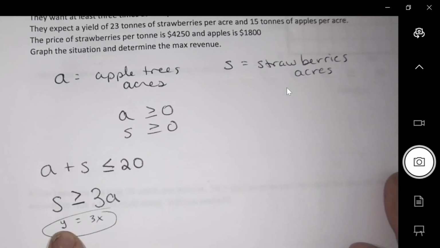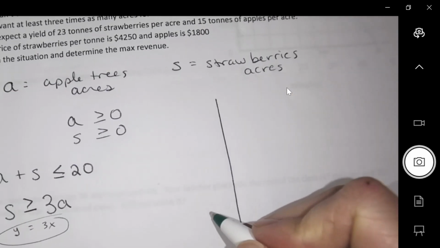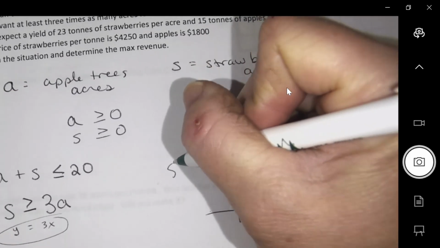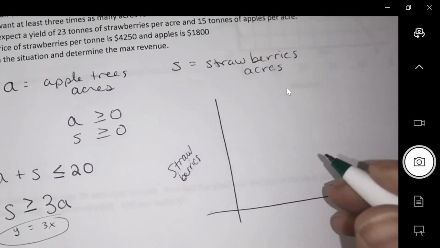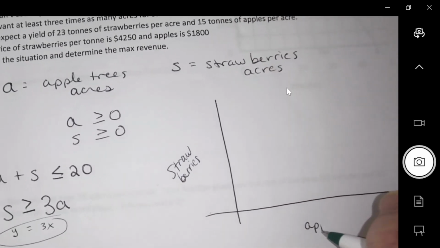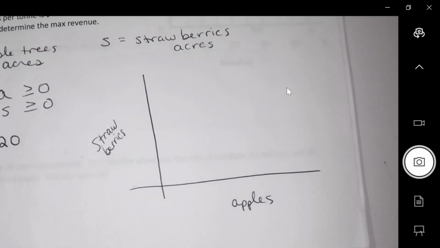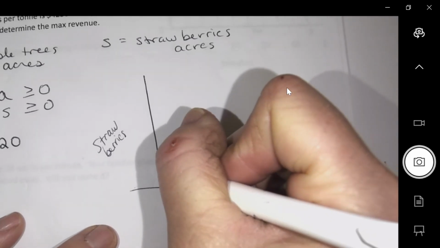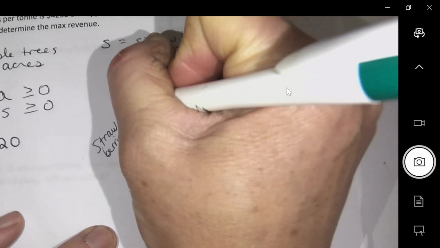So I'm going to put the strawberries on the y and the apples on the x. Okay, I'm going to go up to 20. So I'm going to do 5, 10, 15, 20.